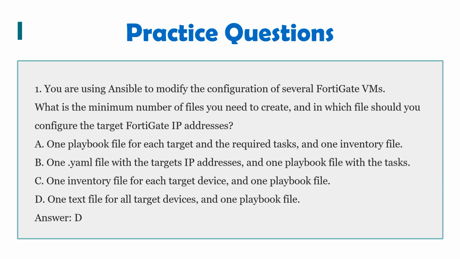B. One YAML file with the target's IP addresses, and one playbook file with the tasks. C. One inventory file for each target device, and one playbook file. D. One text file for all target devices, and one playbook file. Answer: D.